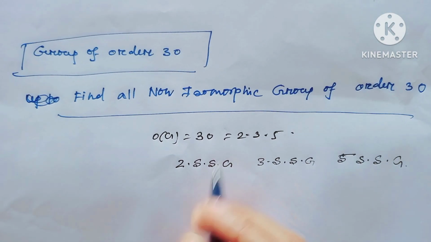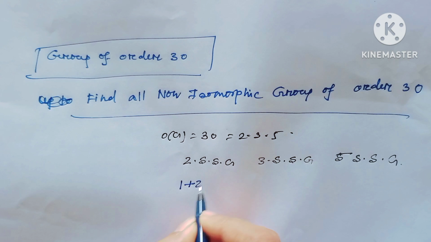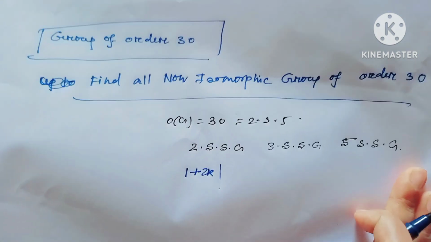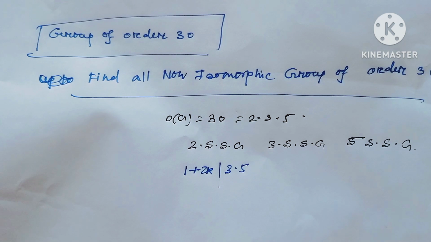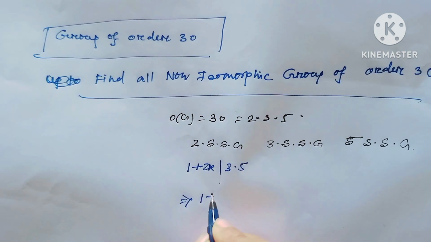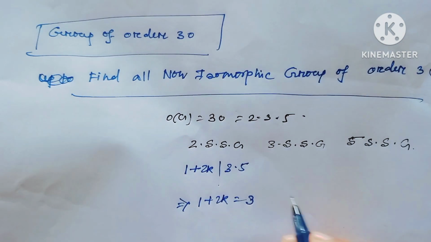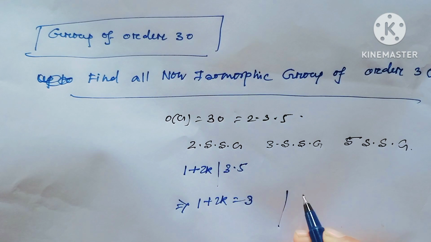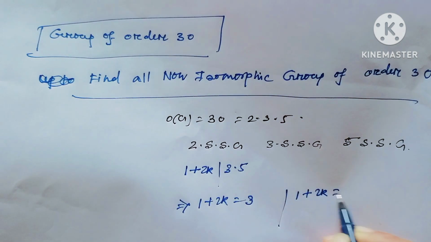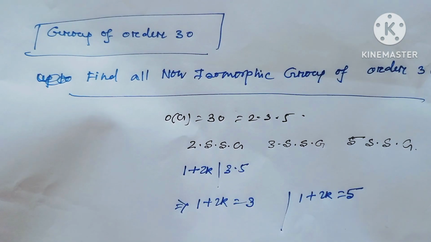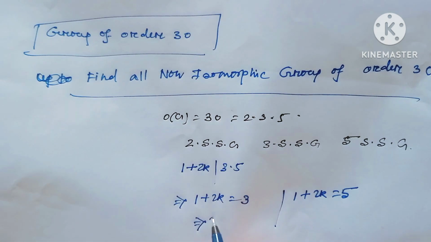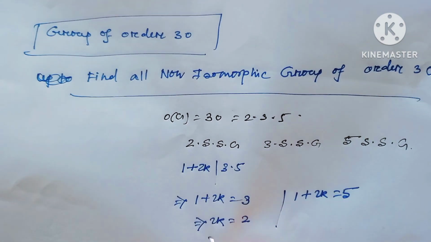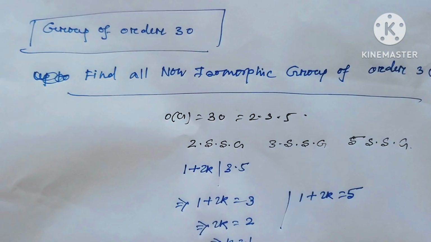And for Sylow 2-subgroups, 1 plus 2k divides 3 times 5. That means 1 plus 2k equal to 3 or 1 plus 2k equal to 5. 1 plus 2k equal to 3 means 2k equal to 2, that implies k equal to 1.